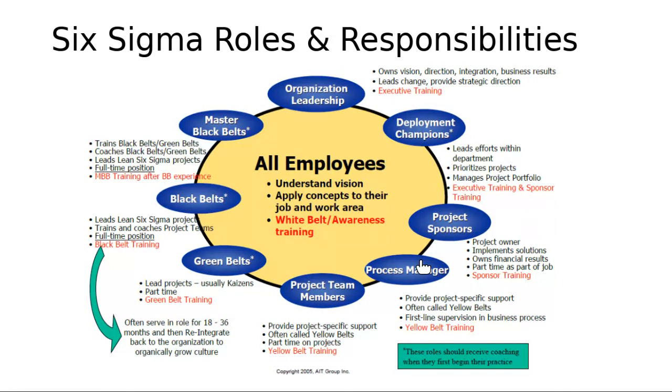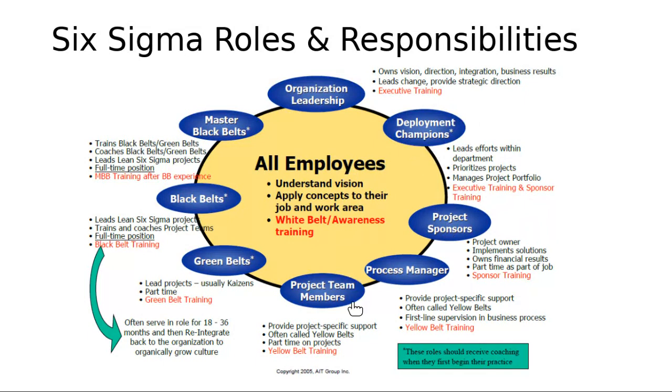He's the technical person. He's the one who knows the process the most compared to others. I compare this one to the department chairman in the college. The project sponsor can be the dean or the vice dean. The champions can be the deanship for quality in the university.